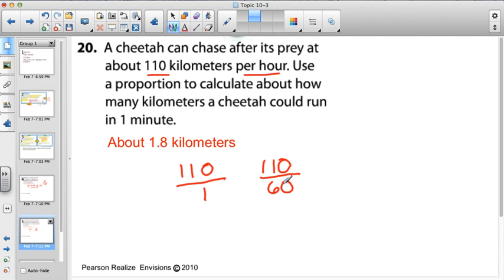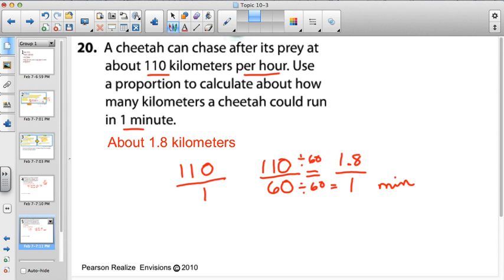Now we want to find out how much a cheetah will run in 1 minute. So we can create a proportion, and we want to go down to 1 for our minutes. And so we're going to have to divide by 60. And then if we divide our lower term by 60 to get our unit, we're going to divide our top term by 60.